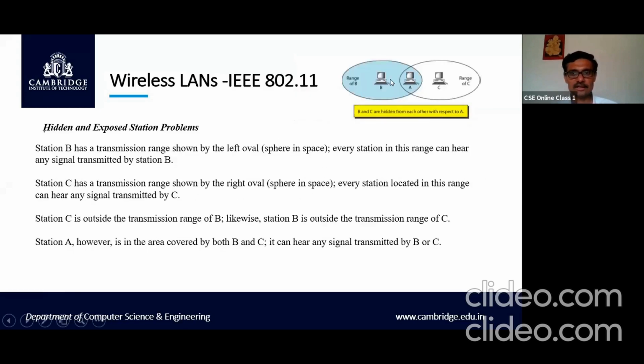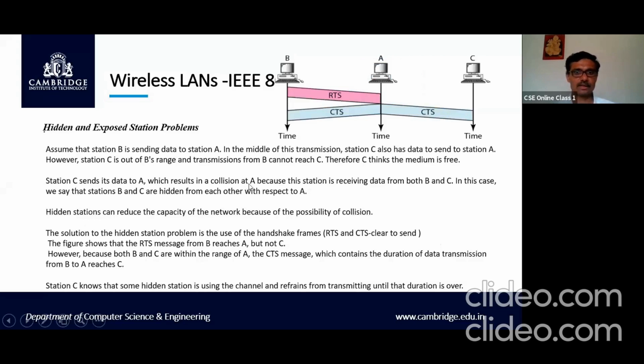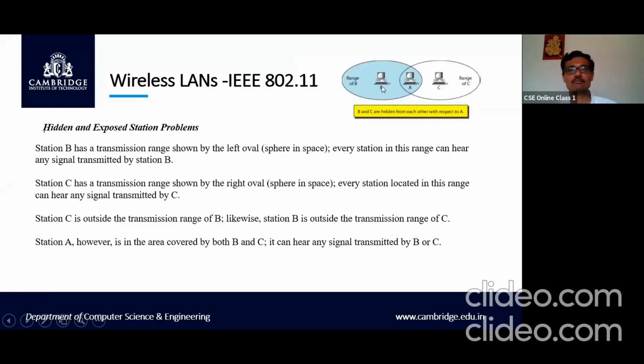There is a collision, because there is already a transmission going on between B and A. Collision at A, because this station is receiving data from both B and C. So in this case, we say that stations B and C are hidden from each other with respect to A. C is hidden to B, whereas B is hidden to C, with respect to A.